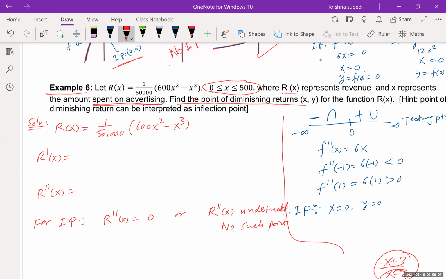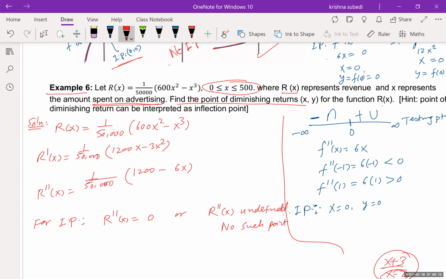Now let me show what this second derivative is. So the first derivative is this, and the second derivative, you can calculate this by yourself, which is going to be 1 over 50,000 times 1200 minus 6x.